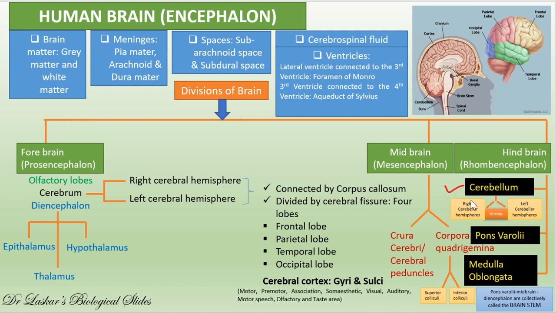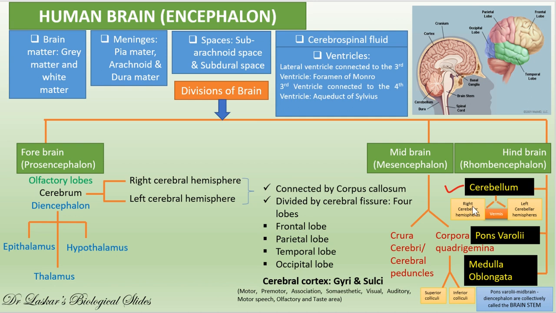It is the second largest part of the brain. It is located just below the posterior part of cerebrum and being partially overlapped. Like cerebrum, its upper surface is formed of grey matter and forms cerebellar cortex.